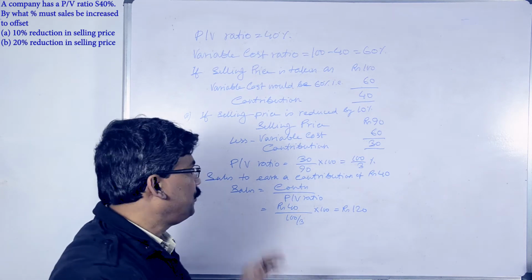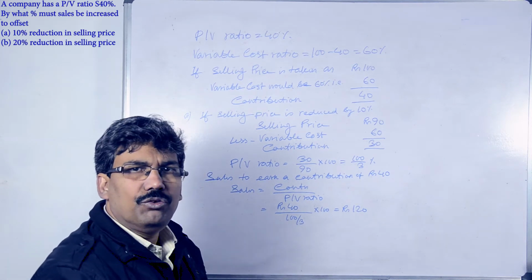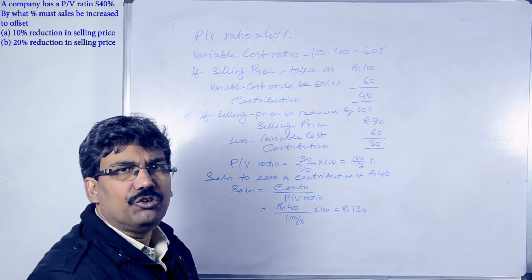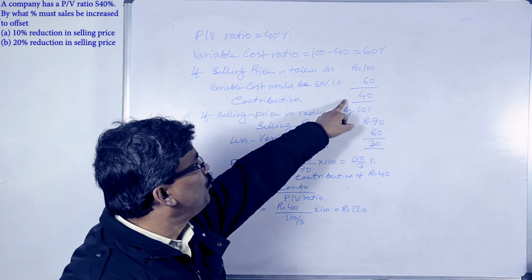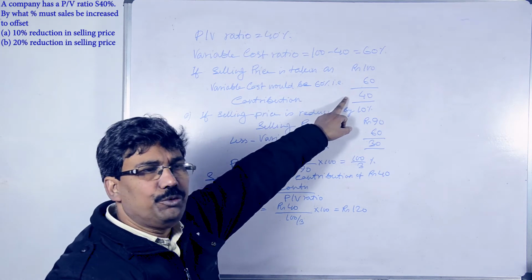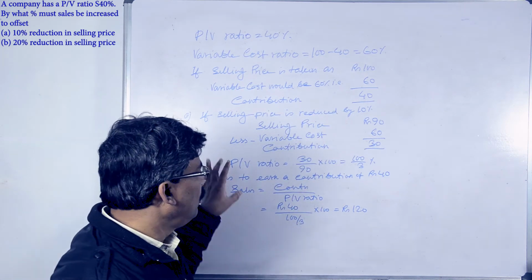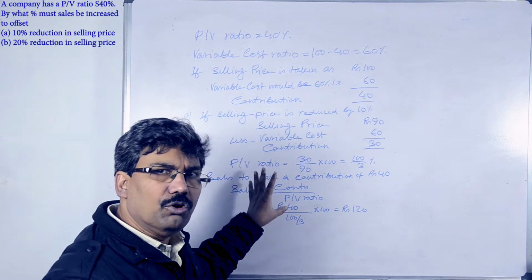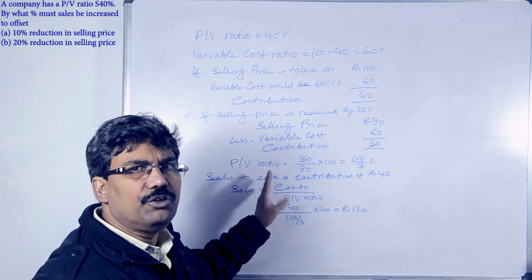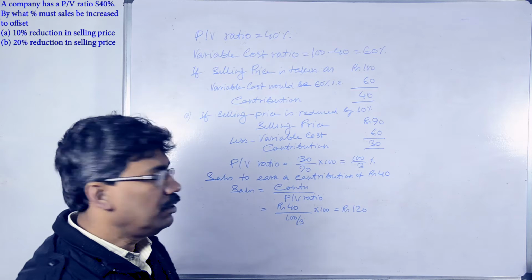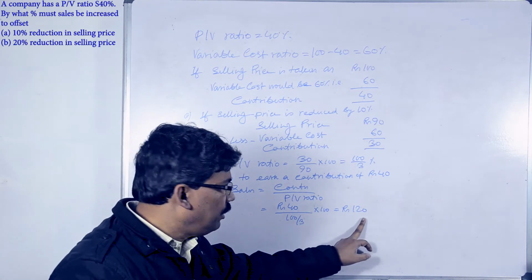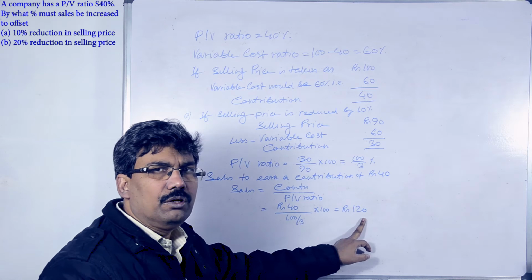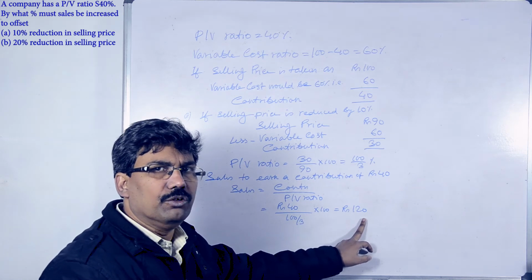Because it is said to offset the effect of that change, means to offset the effect of the reduction in selling price, it means we need to earn the same amount of contribution. Previously we were earning contribution 40 rupees. Now also we need to earn contribution of rupees 40. Then only the effect of reduction in selling price will be offset. If the sales will be rupees 120 now, then contribution will earn rupees 40 only.